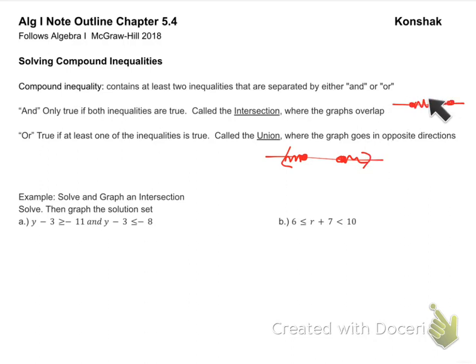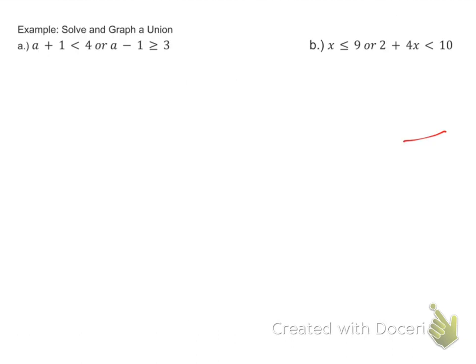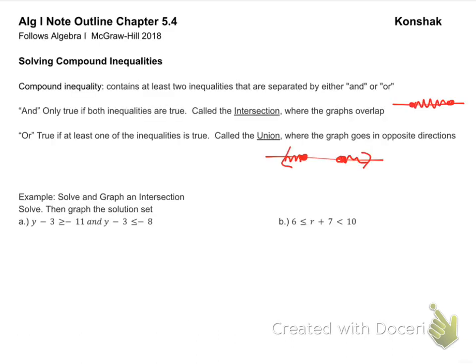Versus an and, I have to be in both groups. That means that if I'm at this dot, I would be traveling in this direction. But if I was at this dot, I'd be traveling in this direction. And what they do is they overlap in the middle where both of them exist.